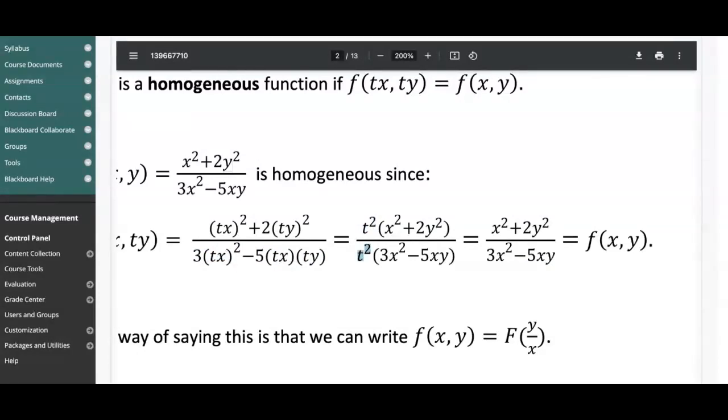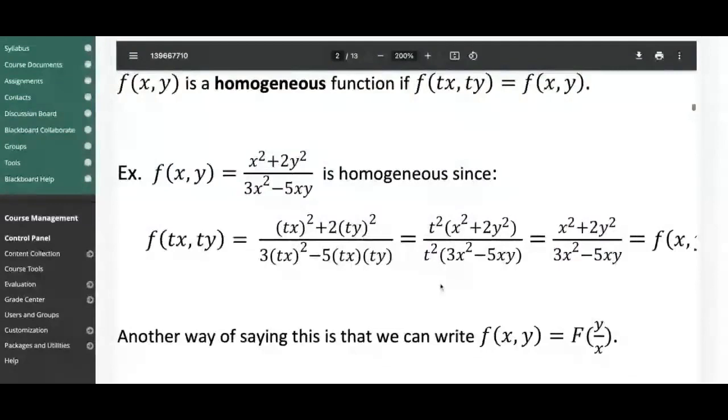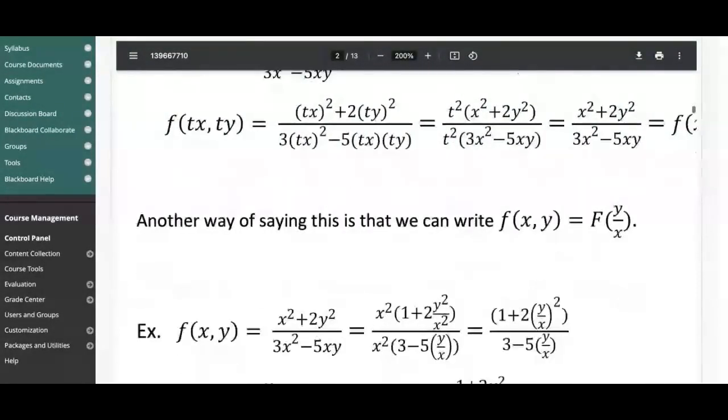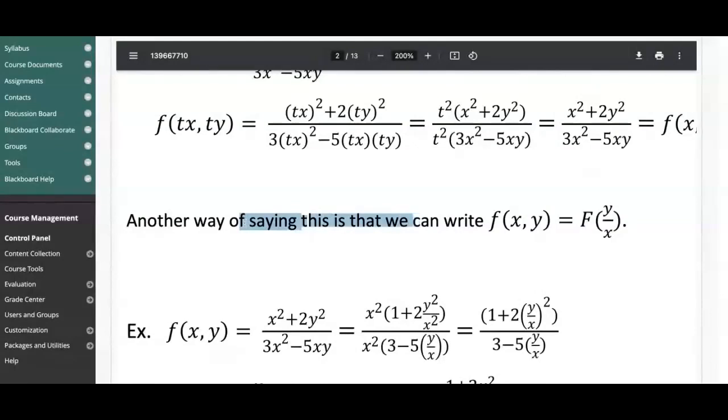So the function doesn't change. That's called a homogeneous function. Another way of seeing this is we can write f of x, y as some other function with a ratio of y to x.